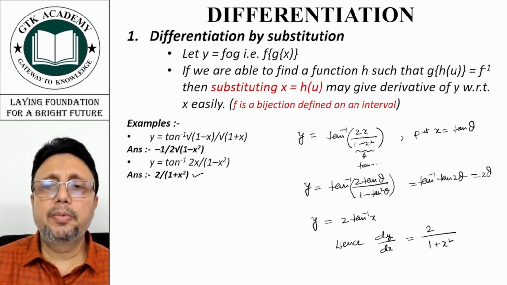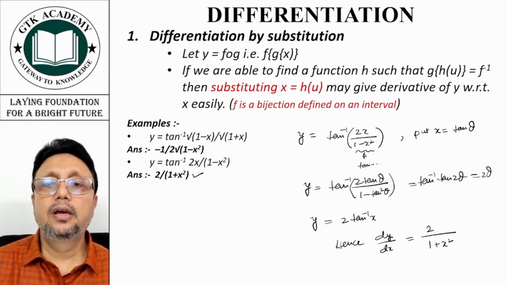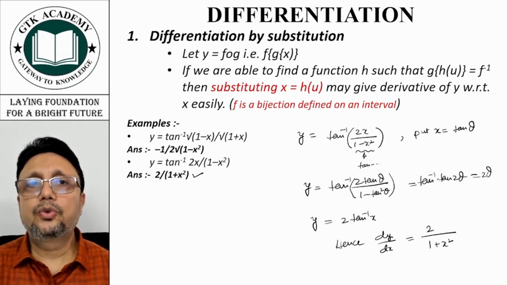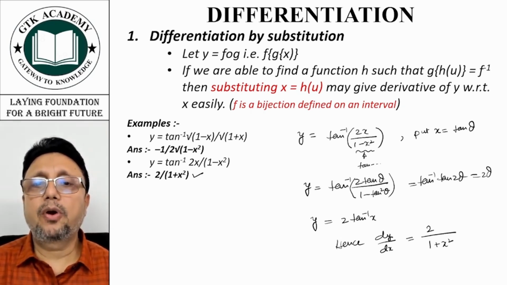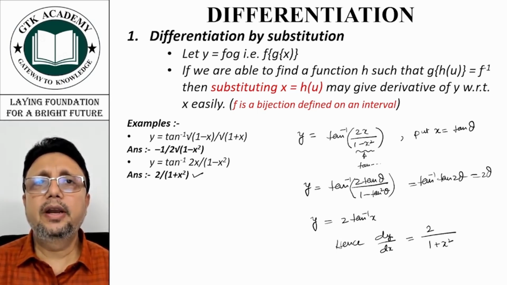Now, some people may be thinking that they are not getting ideas as to what they should substitute here. So, my dear friends, those ideas you will only get when you try out a good number of problems, so that you are in the habit of solving these kinds of problems. You will quickly, immediately get the idea. So you have to do a lot of practice.